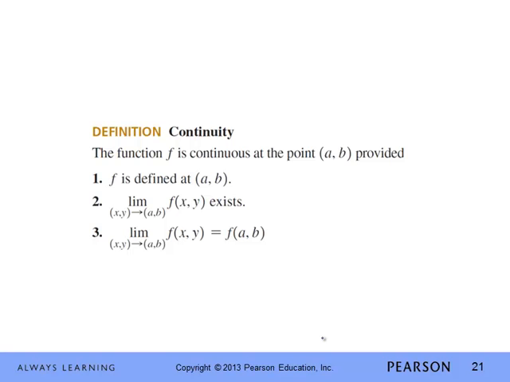For example, if we have this one variable function and we have this hole right here at x equals x naught, and the limit is L1, but f of x naught is really L2.